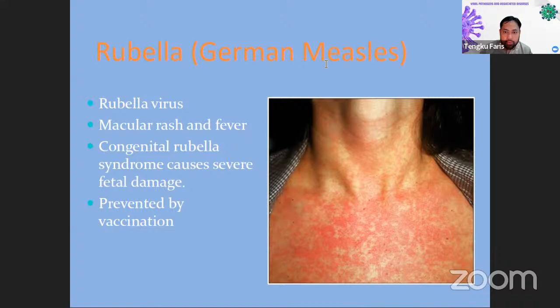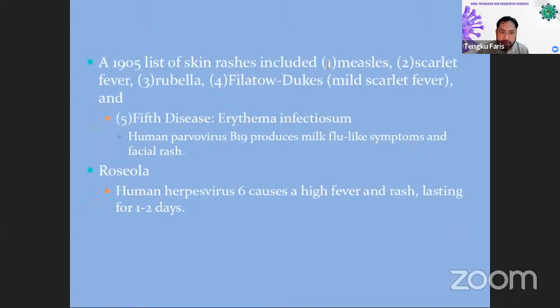Okay, rubella, macular rash, fever. Okay, prevented. For most of the viruses, we have the antiviral that is already FDA approved. Some of the vaccines are still under manufacturing. Some viruses are a bit outdated, but recently, like the polio, it comes again after a few years.